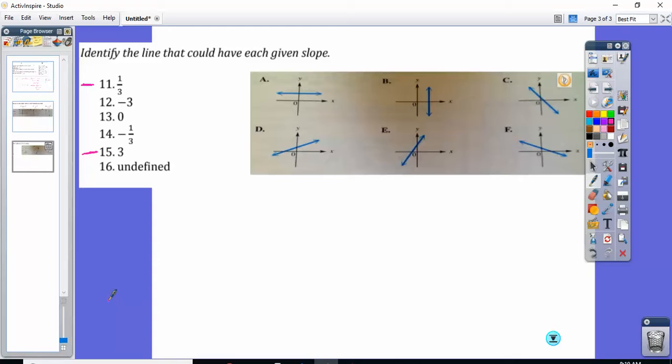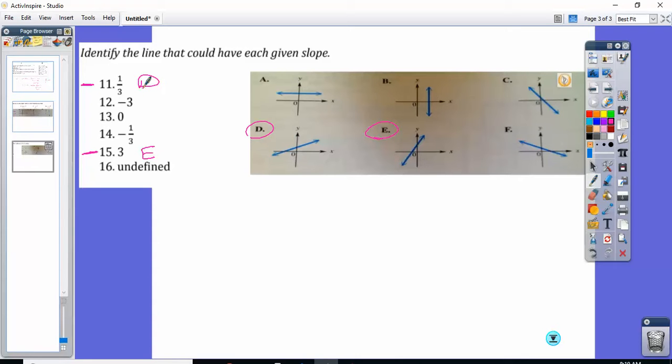It's increasing. So in comparison to a 1/3 and a 3, which of those lines would be steeper? The 3. So I'm looking over here. The two lines that are increasing are D and E. So the steeper one has to be number 15. So that would be E. The 1/3 would be a flatter one. So that's number 11.